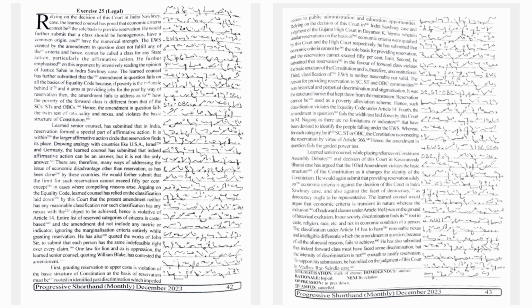In our society, discrimination finds its root in caste, religion, race, etc., and not in the economic condition of a person. The classification under Article 14 has to have reasonable nexus and intelligible differentia, which the amendment in question, because of all the aforesaid reasons, fails to achieve.